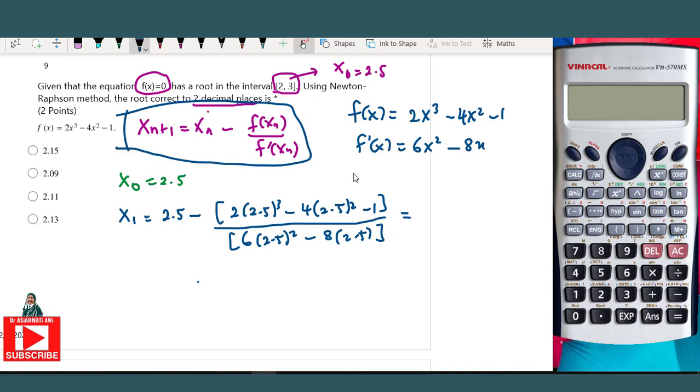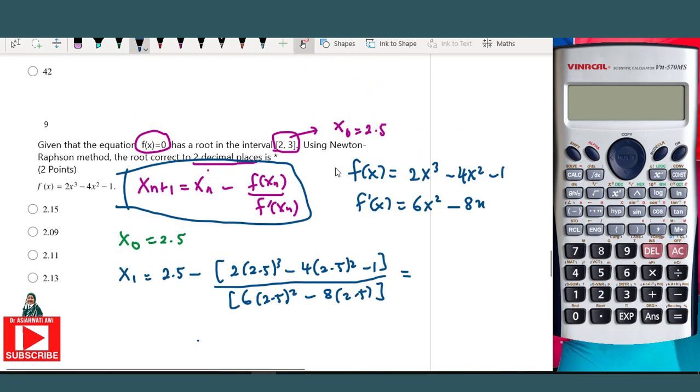Okay, before that, hit the formula: x n plus 1 is equal to x minus f x over f prime x.